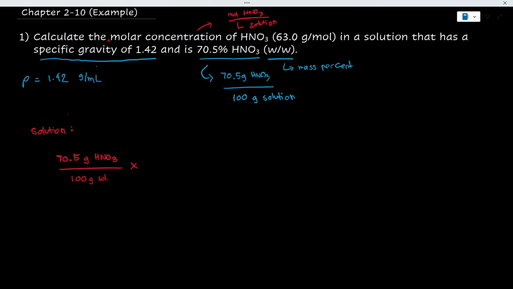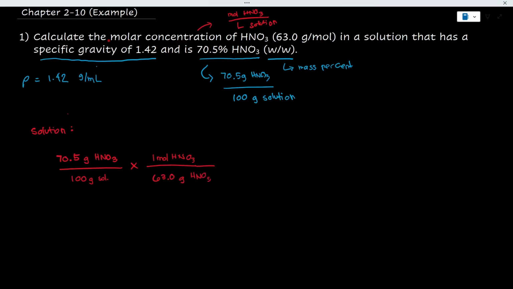Then we want to convert this into mole units, since we want mole HNO₃ in the top, right? As you can see here. So let's use the molar mass. Okay, 1 mole of HNO₃ is 63.0 gram HNO₃.